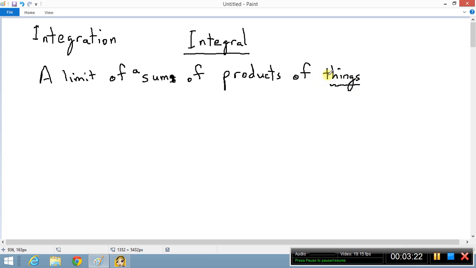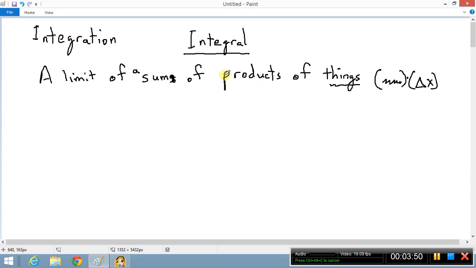What are these things that we are multiplying together and then adding up? Well, the things are things that look like this, obviously. They are two things. You could say thing A and thing B, and they're being multiplied together. And I can't tell you anything about the first thing, but the second thing is always some kind of a delta x.